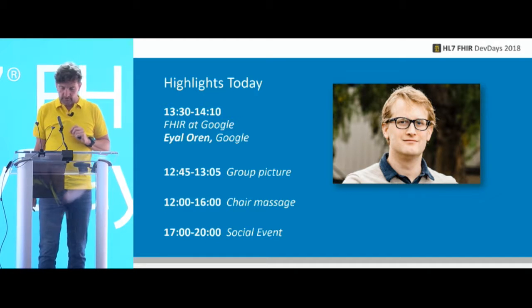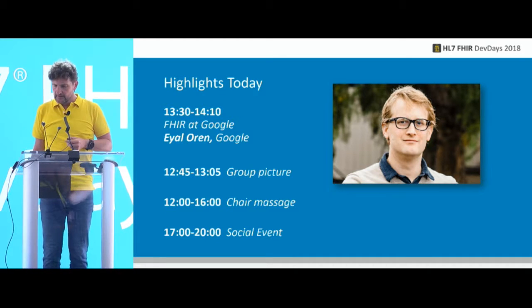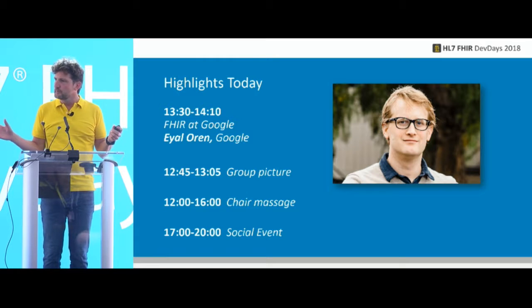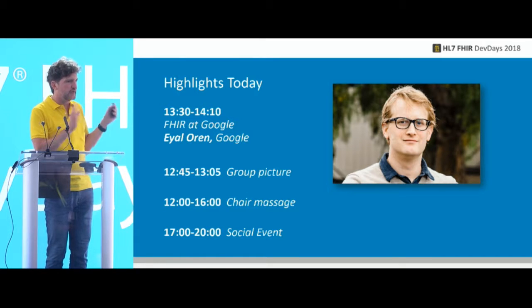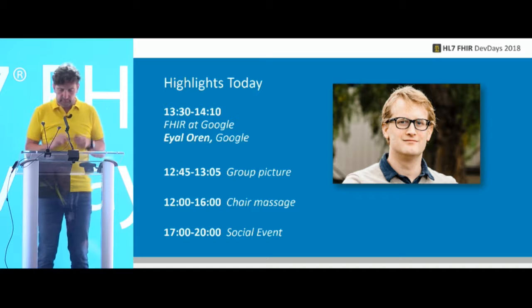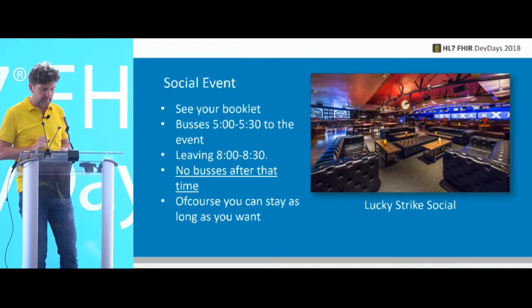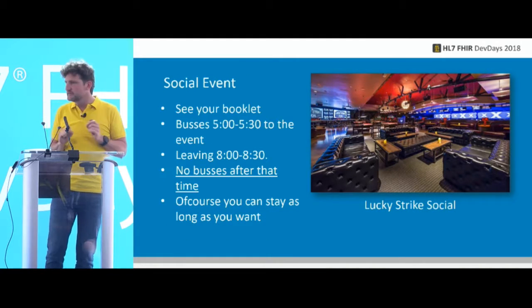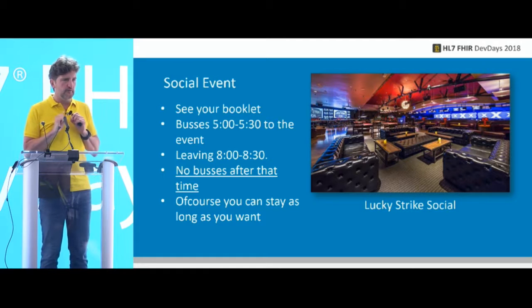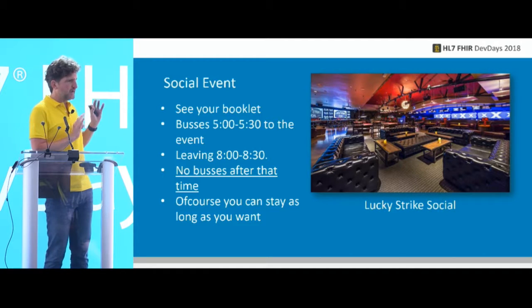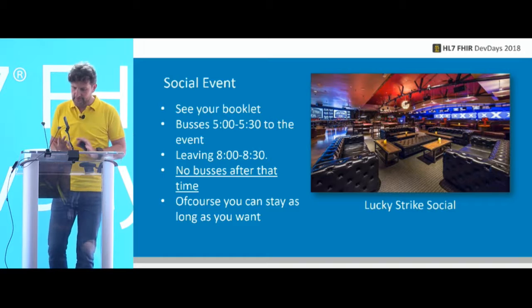And then at 5 o'clock this afternoon is the social event. I hope you did read the booklet you received yesterday, which has a lot of information, but I do hope you read the page on the social event, because most of the details you need to know are there. But I will highlight the most important points here.